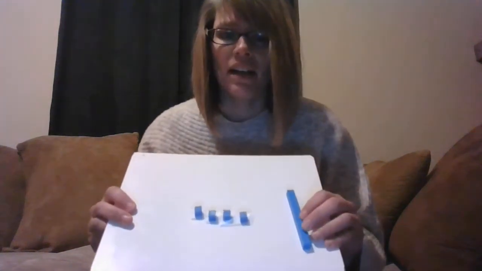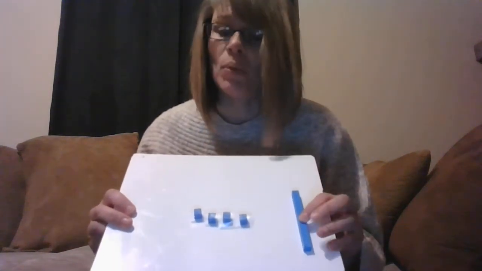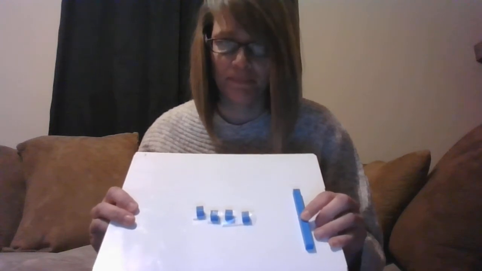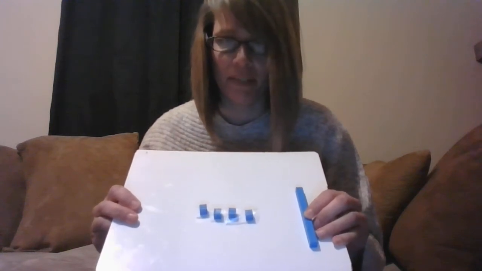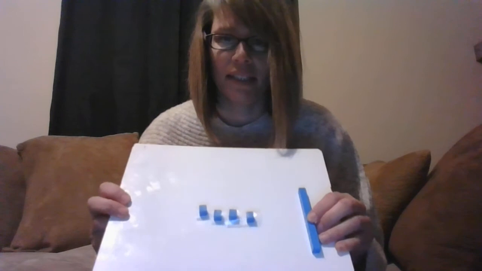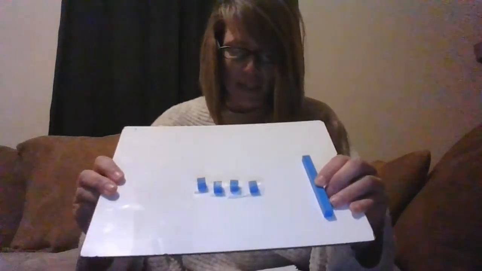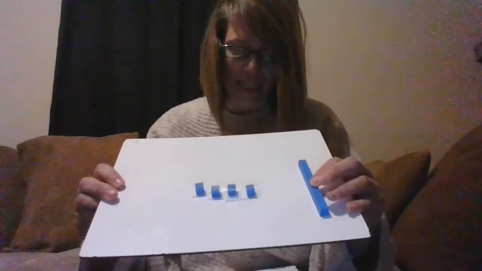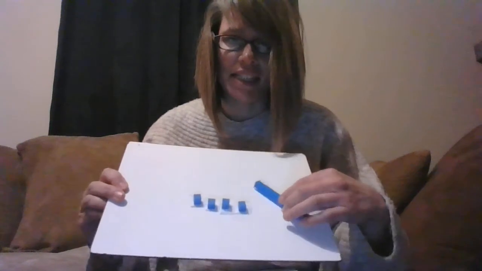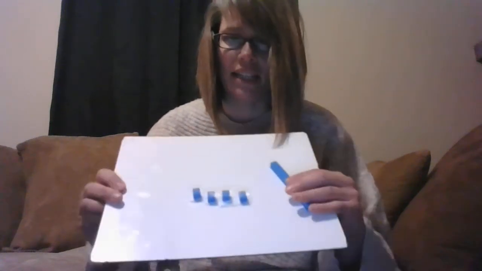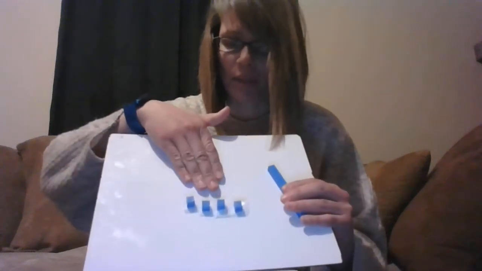So first thing, just as a review, if I have this number on my board, what number is this first of all? I'm going to give you some time to think about that. Okay, so in this number, which is the number 14, it has how many tens? 1 ten, and how many ones? 4 ones.